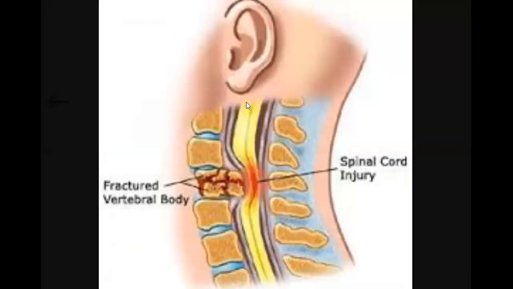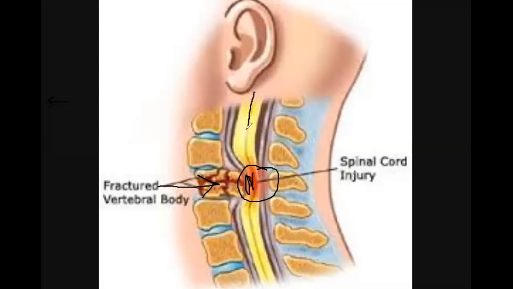As this comes back and puts pressure in there, it's going to cause damage to your spinal cord. Now, this may or may not cause paralysis. People think that you have to tear the spinal cord to have paralysis. You don't necessarily have to tear it. You just have to do enough damage to it that the signal can't get through.